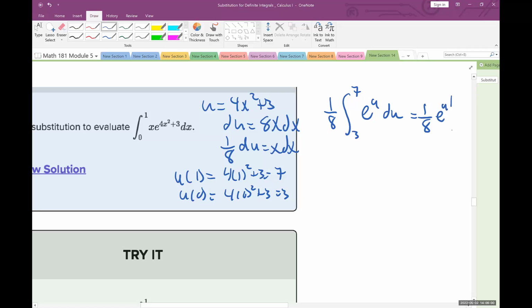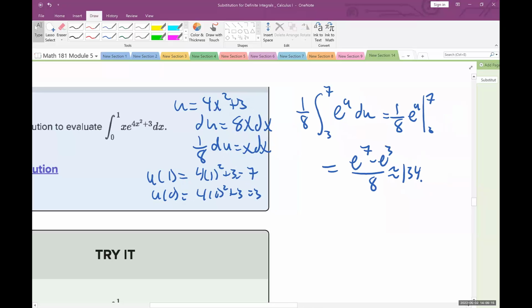Very good. e to the u evaluated from 3 to 7. So we're going to end up with e to the 7 minus e to the 3 all over 8, and that approximates to be 134.568. That's it. We'll stop there.